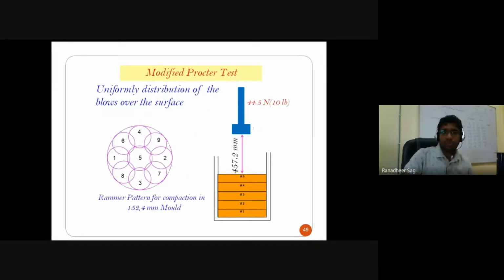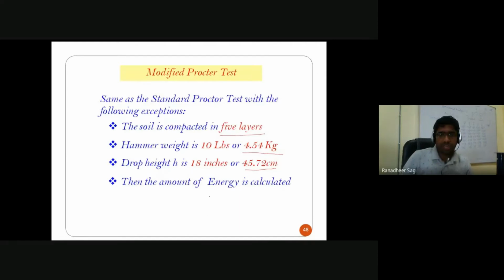So if I want to calculate how much energy is getting transferred to your soil sample while carrying out your compaction, we have already talked in the last class while discussing your standard Proctor test.